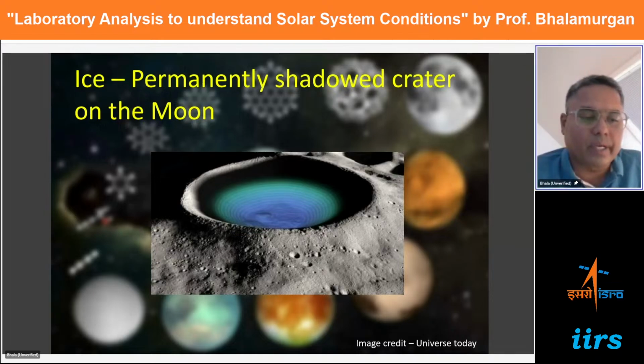If you look at the craters on the poles, especially on the South Pole, these craters are deep enough that the sunlight does not fall. The moment sunlight does not fall on these craters, there is no energy source to heat the surface. So the temperature is going to be low eventually.